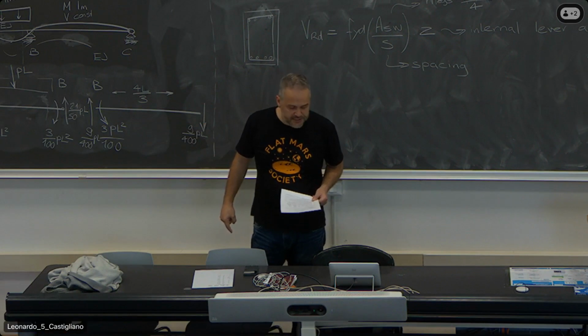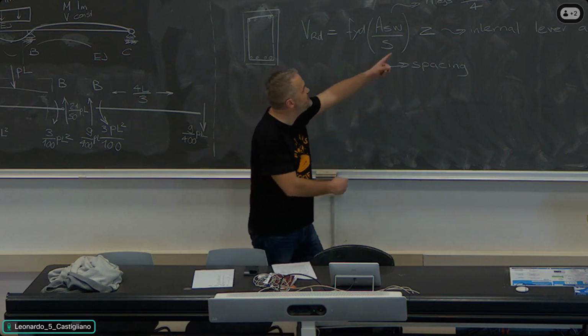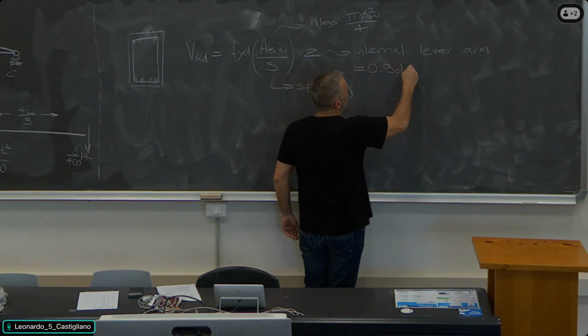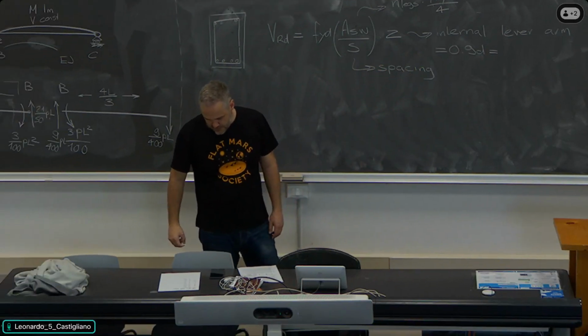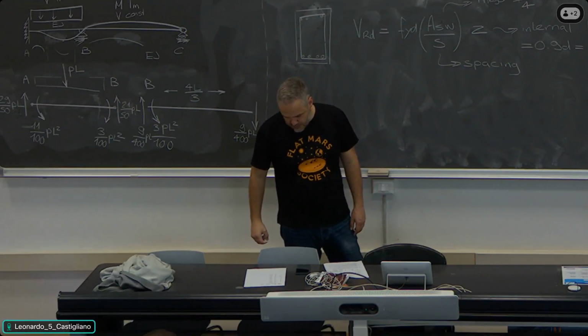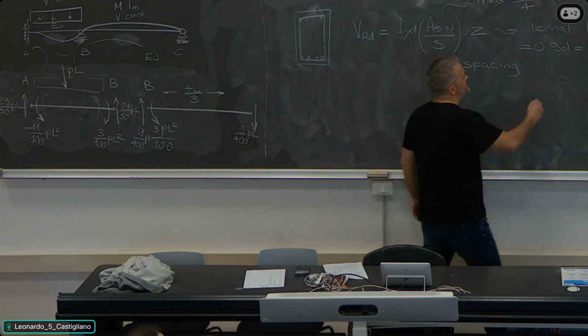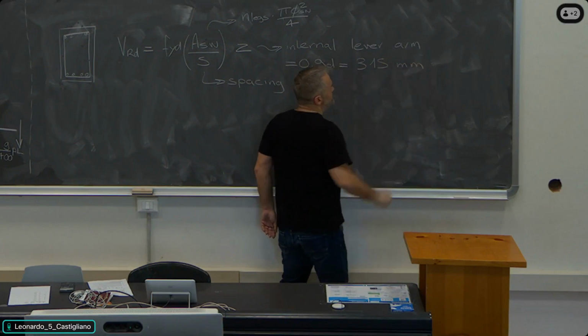No. We designed it at midspan, in the first span, at point B. Point A we don't know, which means this one is 0.9D equal to, we worked it out previously, what was it? 315. Don't make me do it again. 315 millimeters. Okay?